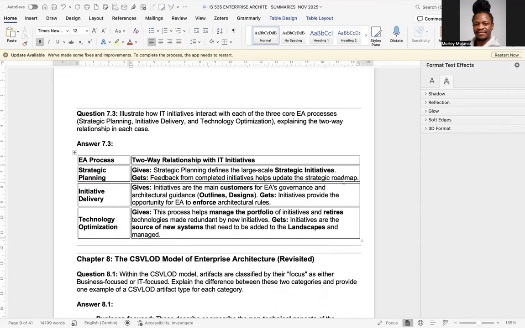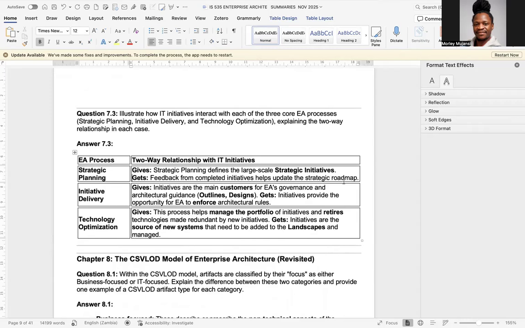So that's a one way. So one way is where it defines the large-scale strategic initiatives, and then once they're defined, it provides the feedback of completed initiatives to help update the strategic roadmap.